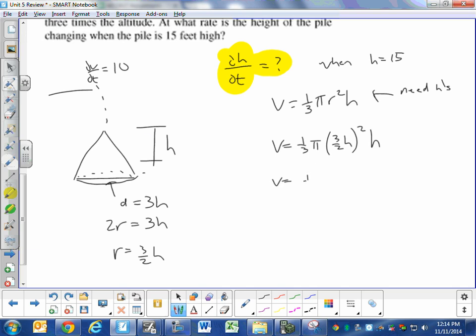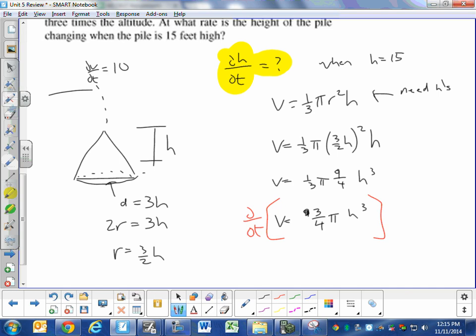Simplify that, I get 1/3 pi 9/4 h cubed. Maybe simplify it one more step, you get 9/12, which is 3/4 pi h cubed. After doing that, I am ready to now take the derivative with respect to t.